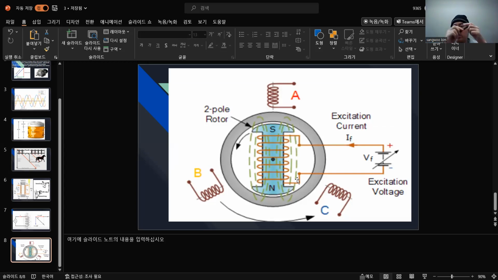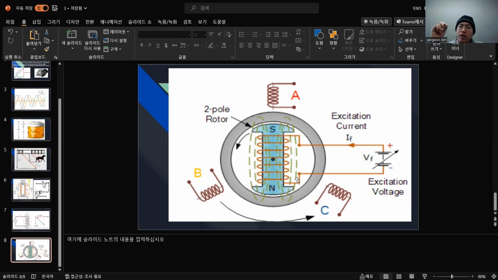The generator uses some hydraulic, nuclear, or wind power, and then it makes the rotor rotate, and then it generates power, right?